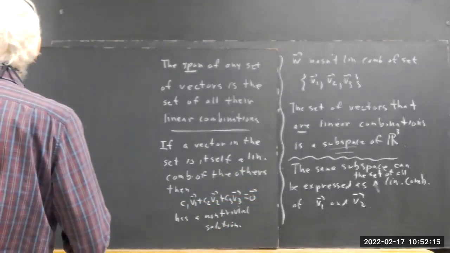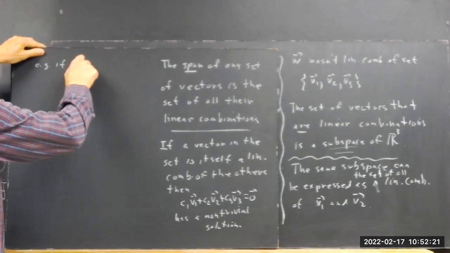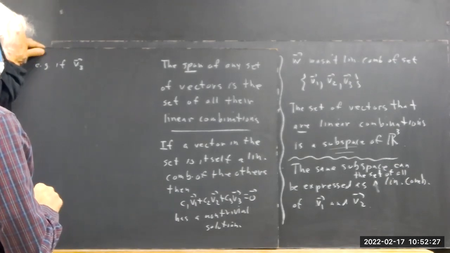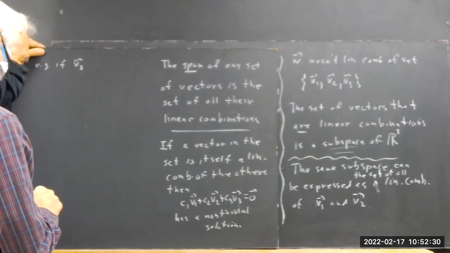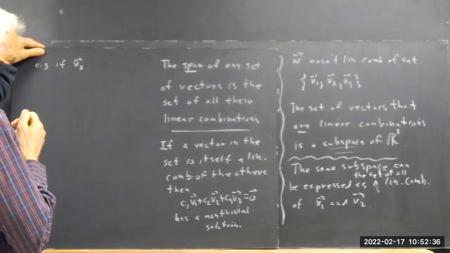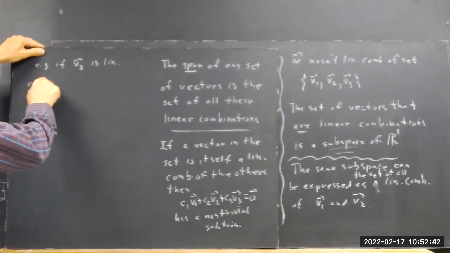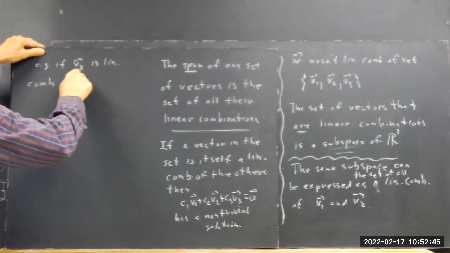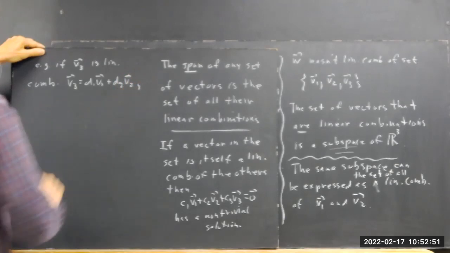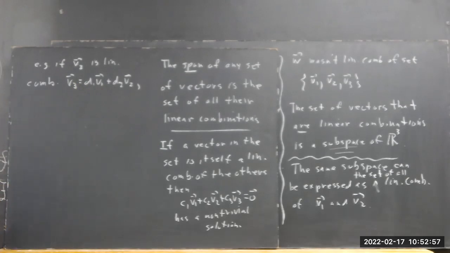For example, if B3 is a linear combination of B1 and B2, we use B1 and B2 for the constants.